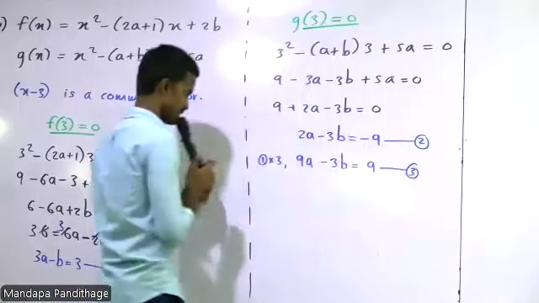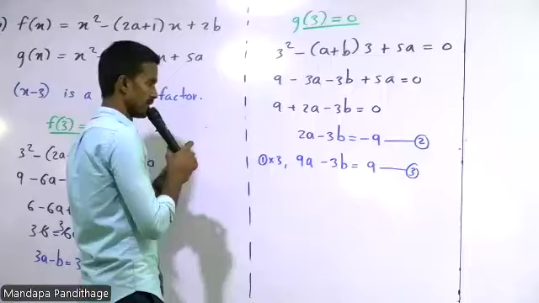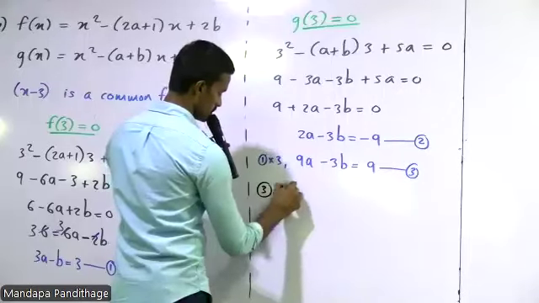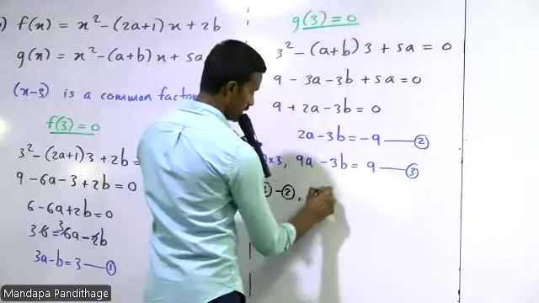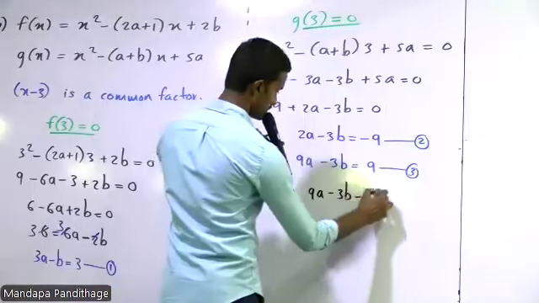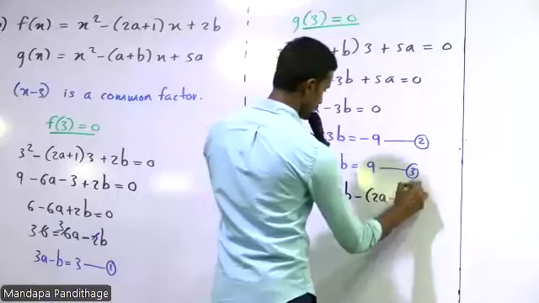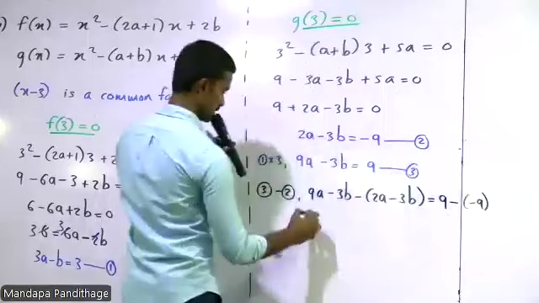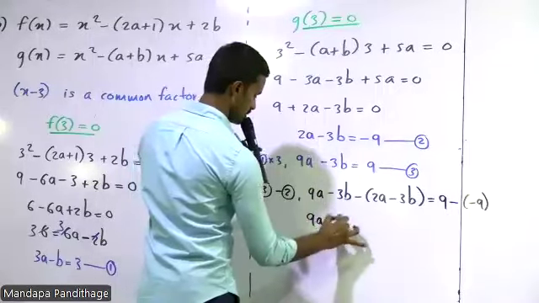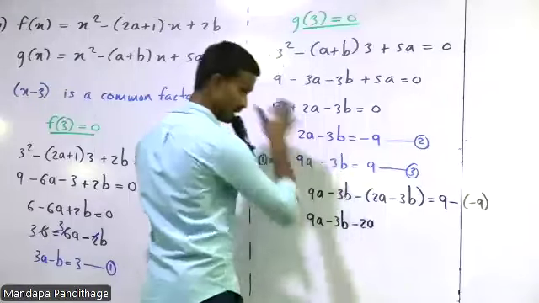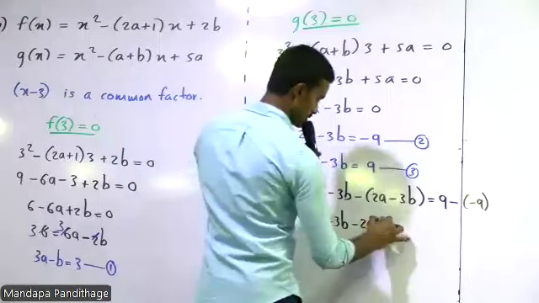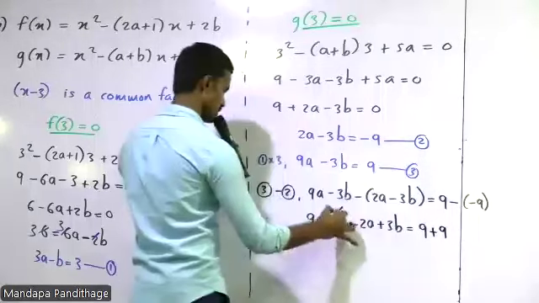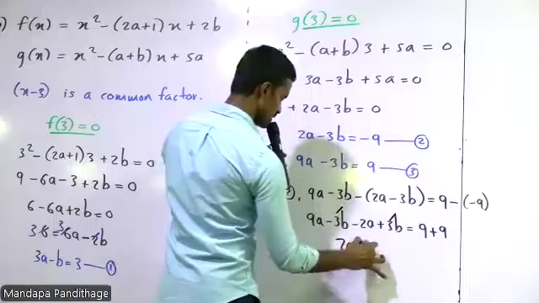And then you have minus 3b, then I can subtract: 9a minus 3b minus 2a minus 3b is equal to 9 minus minus 9. So 9a minus 3b minus 2a plus 3b is equal to 9 plus 9, which gives me 7a is equal to 18.